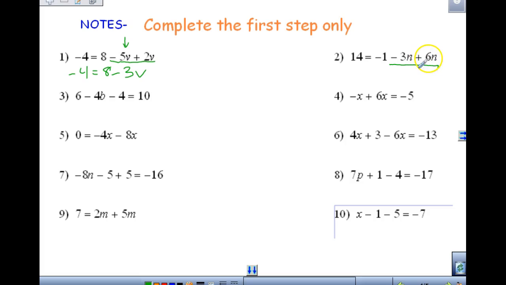So we have 6 minus 3? Positive. Or negative 3 plus 6.